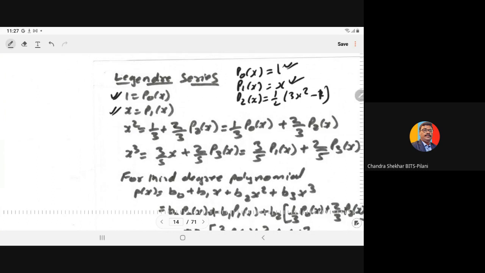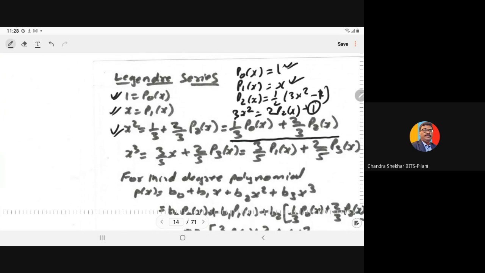Then from here, we have x square: 3x square is equal to 2P2(x) plus 1, and this 1 can be written as P0(x). So x square you can write in terms of the Legendre polynomial as 1 by 3 P0(x) plus 2 by 3 P2(x).